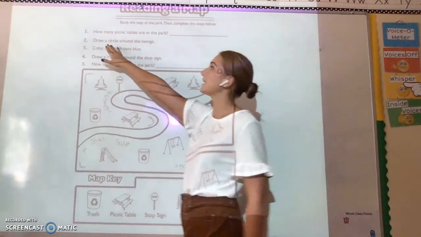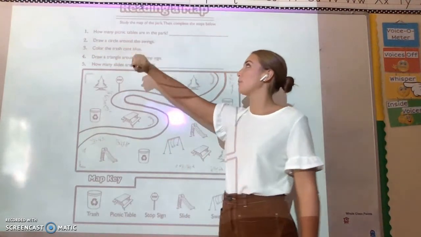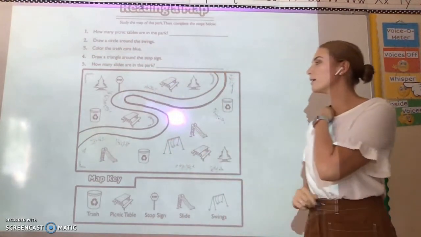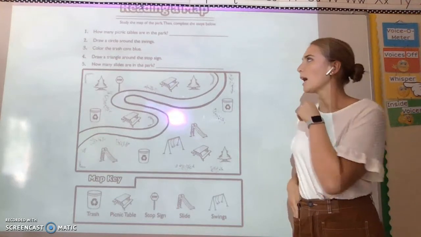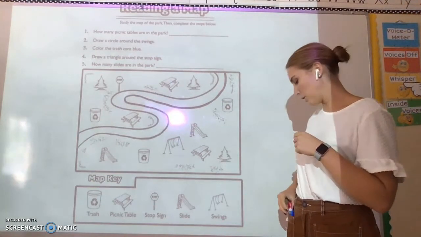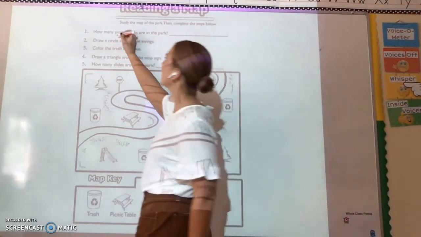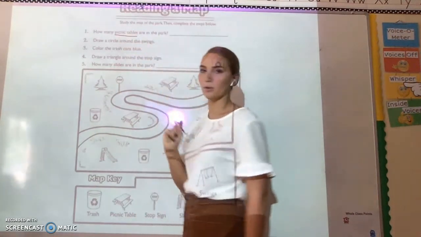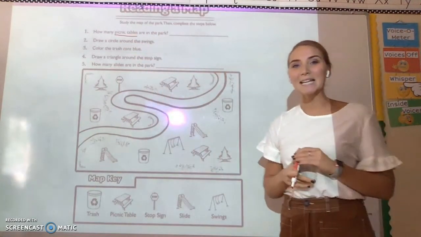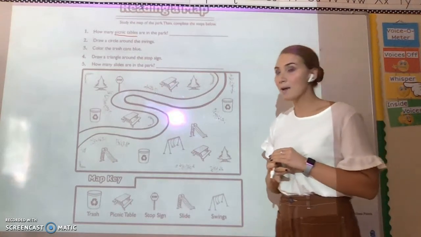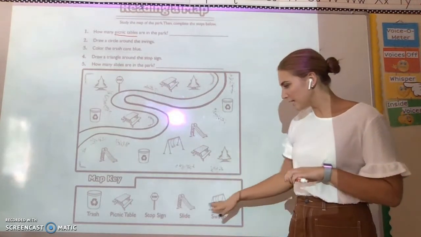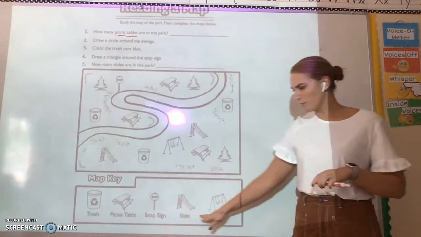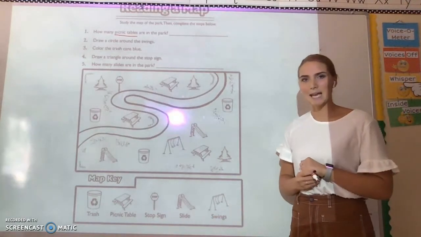So number 1 says, how many picnic tables are in the park? I see that I am looking for picnic tables. So I'm going to come down here and say which picture means picnic table.